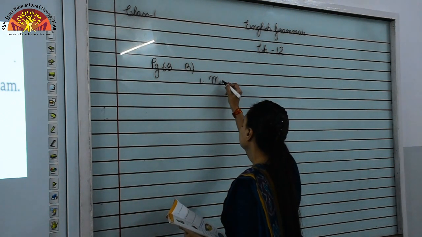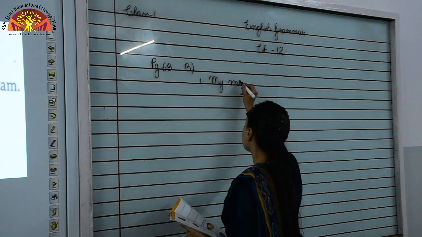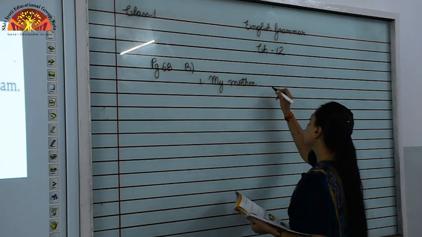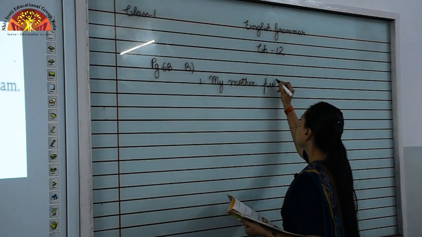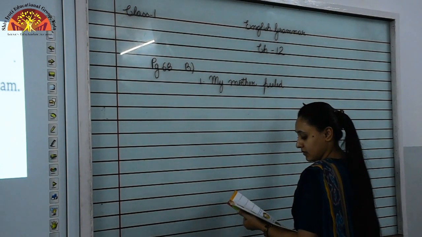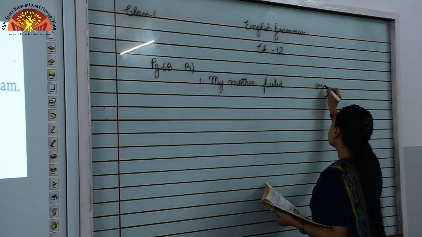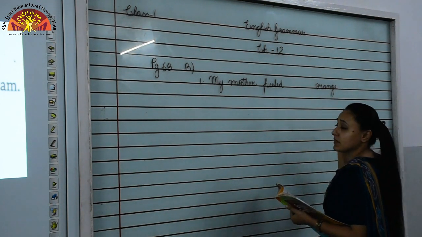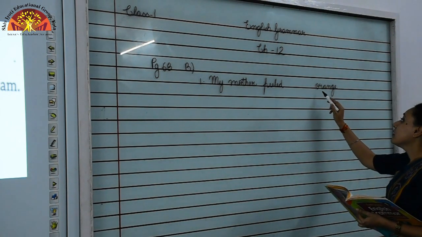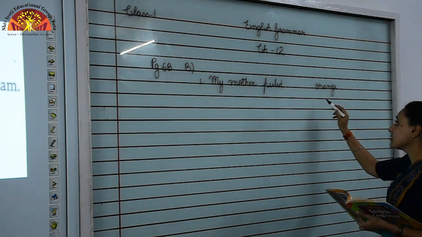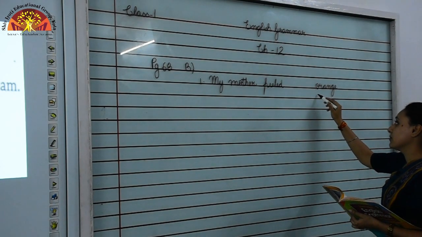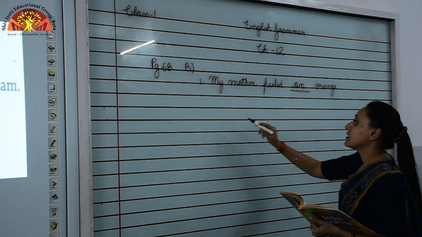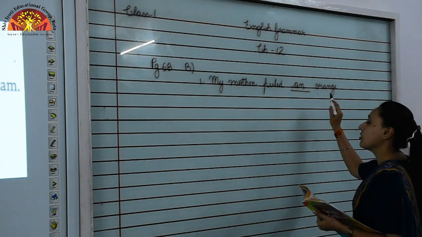My mother peeled dash orange. So children, there is a blank before orange and first let us check whether orange is a vowel sound word or consonant sound word. It is a vowel sound word. So, we will add N before orange. Okay. Sentence: my mother peeled an orange.